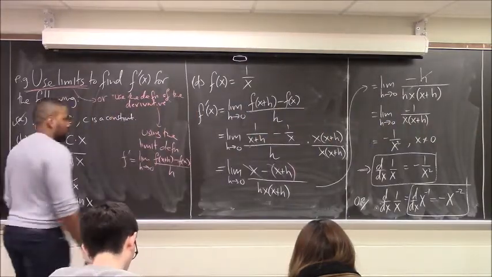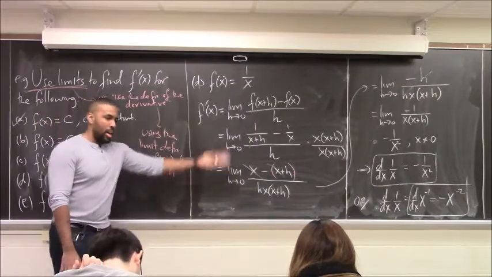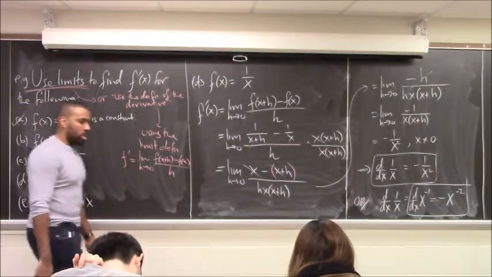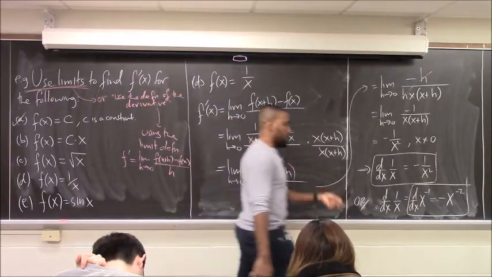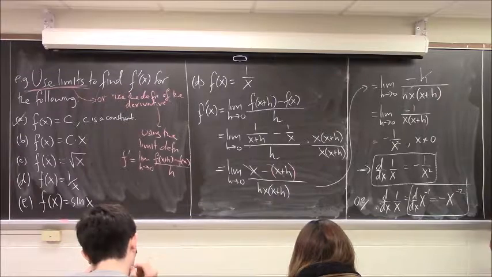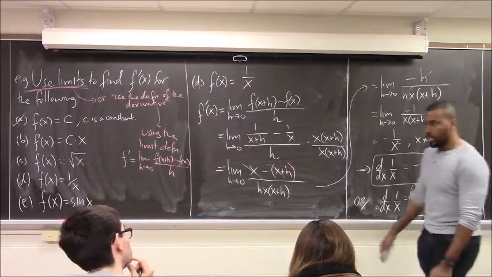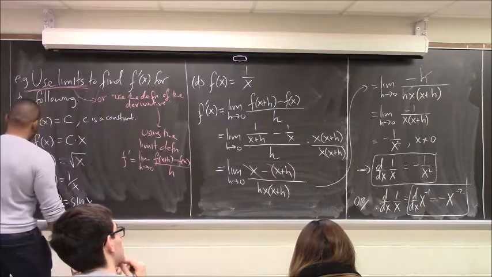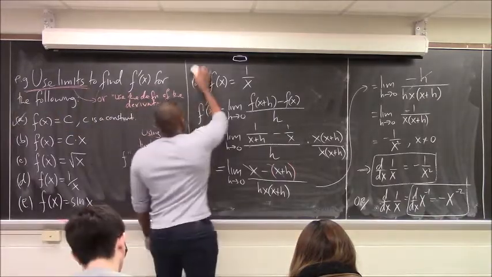So not too bad there. You need to remember your algebra: how to simplify complex fractions, how to simplify things with radicals in them, how to apply the distributive law, and how to take limits in general. You need to be good at all that stuff to find derivatives this way. E should be interesting.